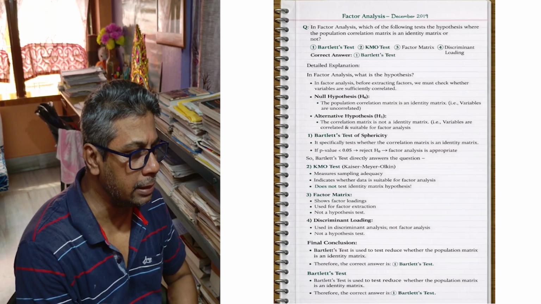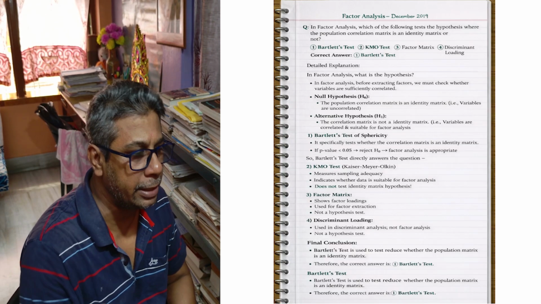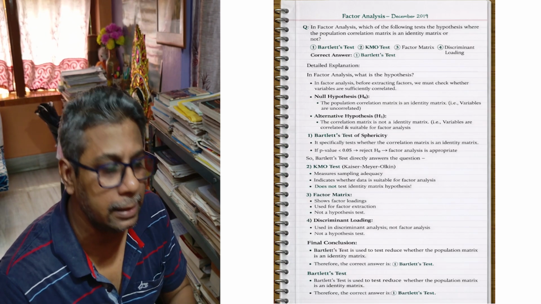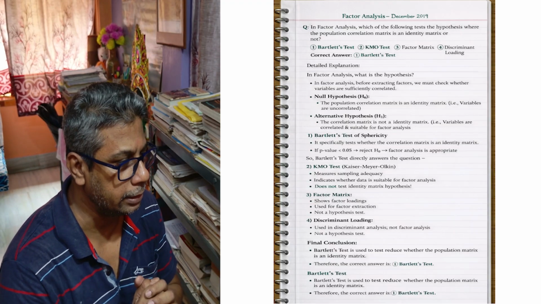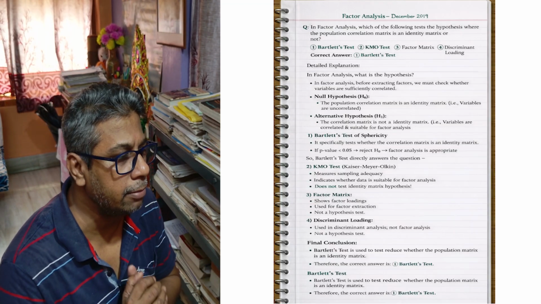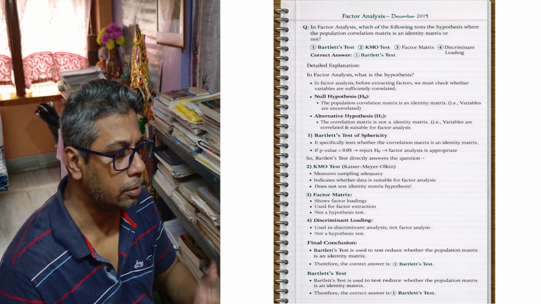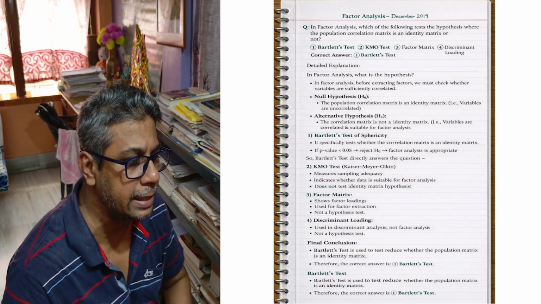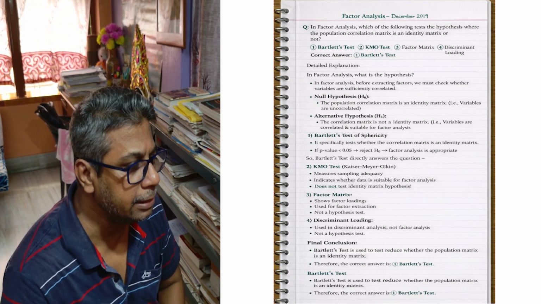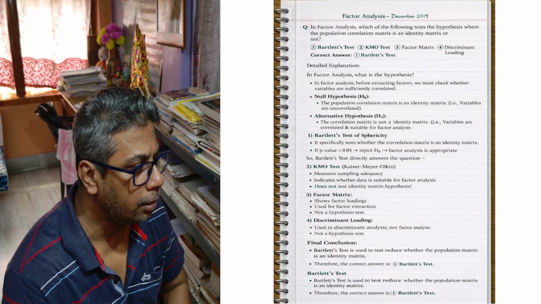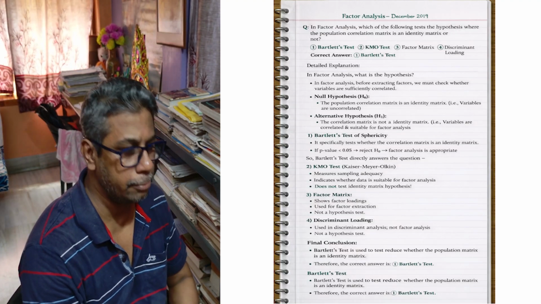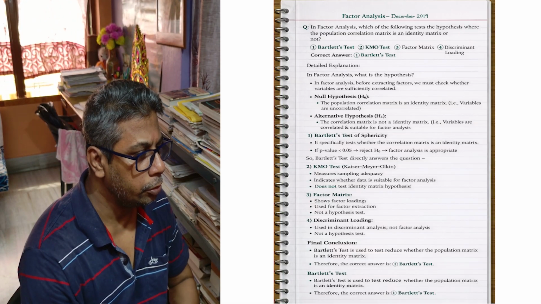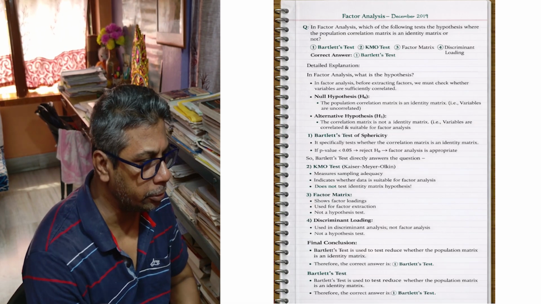Here the null hypothesis is that the population correlation matrix is an identity matrix, that is, the variables are uncorrelated. In the alternative hypothesis, the reverse: the population correlation matrix is not an identity matrix, and the variables are correlated.